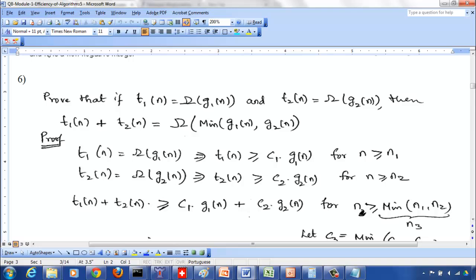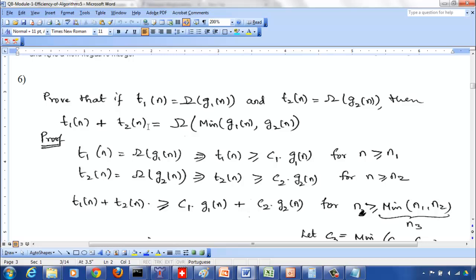Now if you want to prove the same inequality that we proved before for big O, for this big omega notation, then we have to do the other way here using the minimum. If t1 is big omega of g1 and t2 is big omega of g2, what we want to prove is t1 plus t2 is big omega of the minimum of g1 and g2. The way we do that is again by using definitions.